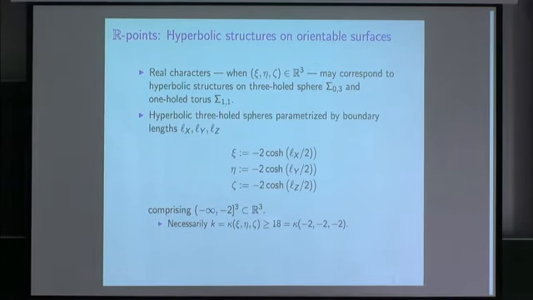The trace of the commutator is greater than or equal to 18, and the minimum is achieved when these are all -2, which is a particularly interesting case because that corresponds to the complete hyperbolic structure on a three-punctured sphere. So it's a union of two ideal triangles. So the dynamics is quite different when it's greater than 18 and less than 18.